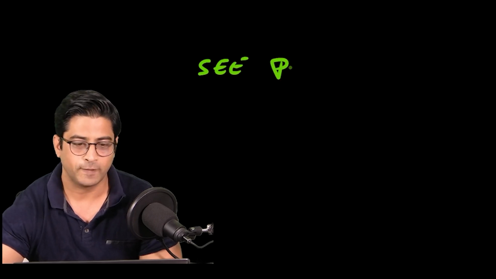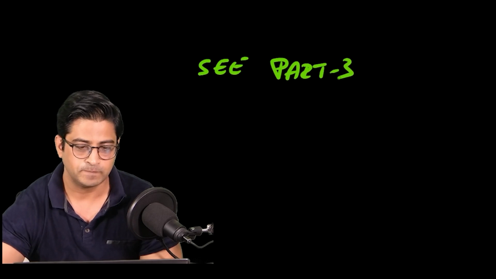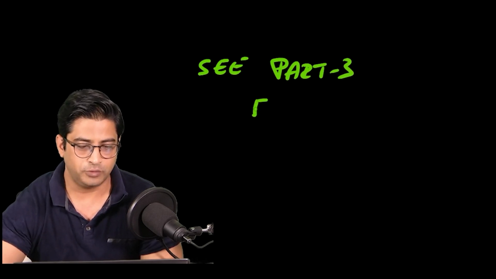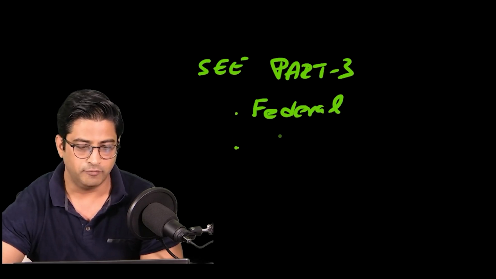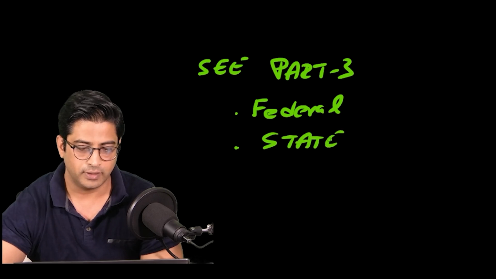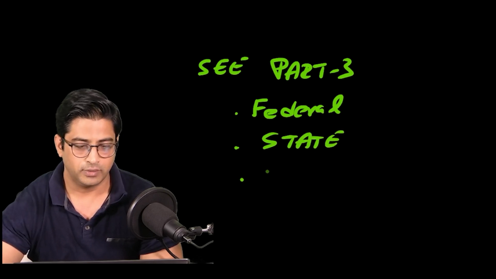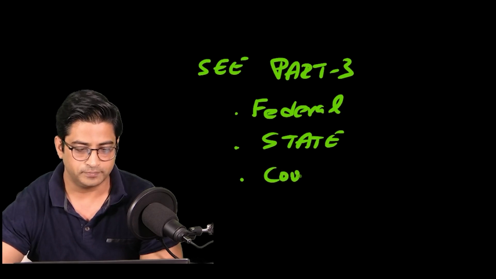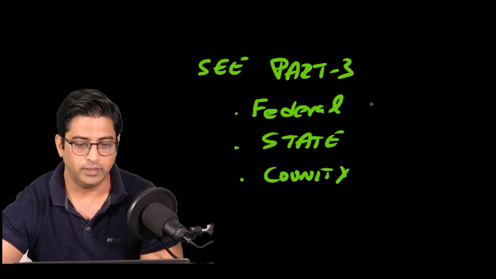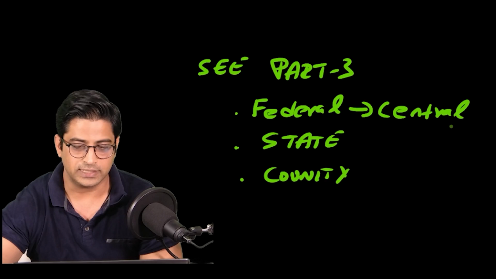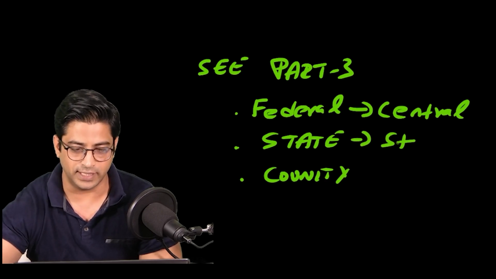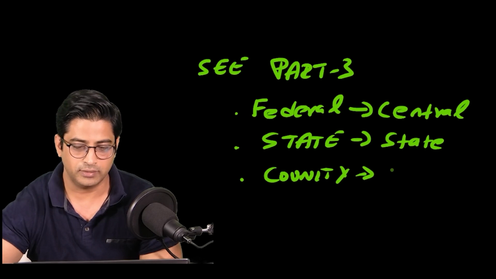So in any EA exam, if you take part 3, we have federal, we have state, and we have county. If you want to understand, this is like central in India, this is like state in India, and county is something like district.